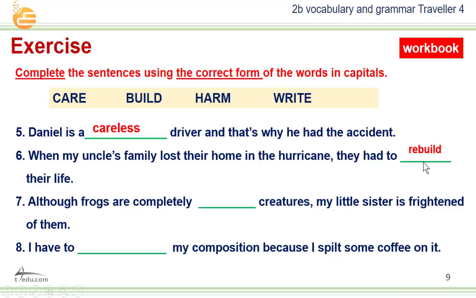They have to rebuild, build again. Number 7, although frogs are completely harmless creatures, my little sister is frightened of them. Number 8, I have to blank my composition because I spilled some coffee on it. Write what? Can you say writeless or rewrite? Rewrite.